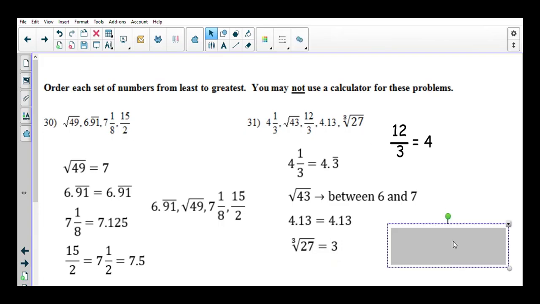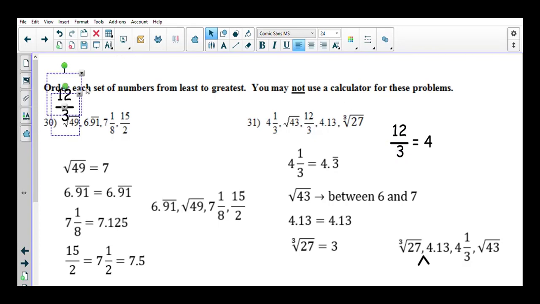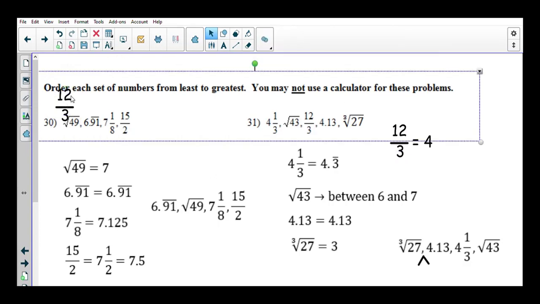So when I go to list these in order from least to greatest, my smallest number is going to be the cube root of 27, because obviously that is 3. But I do need to add in 12/3, and I'm going to do that here. Let me copy that and move it, see what we do as teachers all the time.